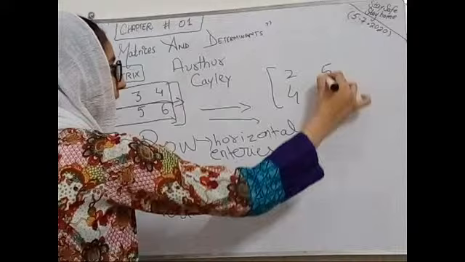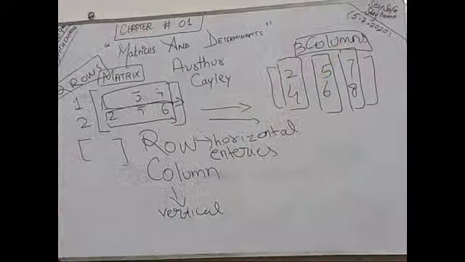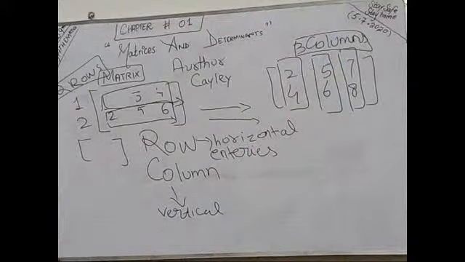And there are 3 columns in that matrix. 3 columns. Now how are matrices denoted conventionally? So matrices are denoted by capital letters or capital alphabets like A, B, C and so on. So we can say that this is matrix A and that one is matrix B.